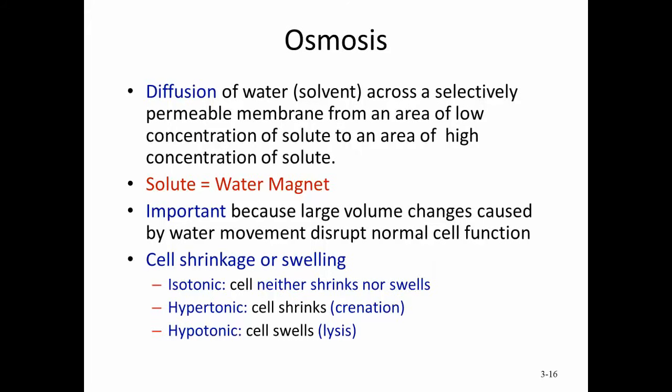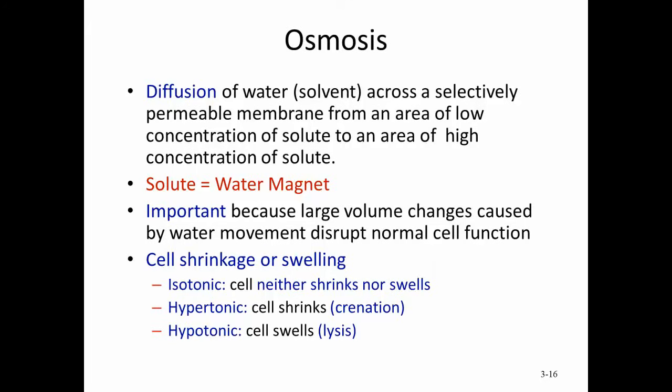Okay? Now this is important because large volumes of changes caused by water movement through a cell can disrupt normal cell function. Okay? So this is where we get into tonicity.